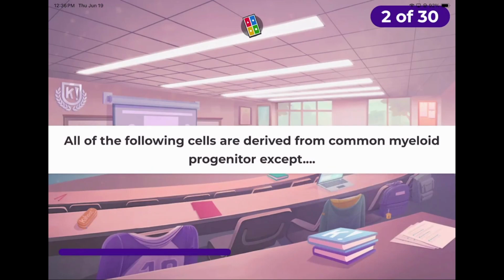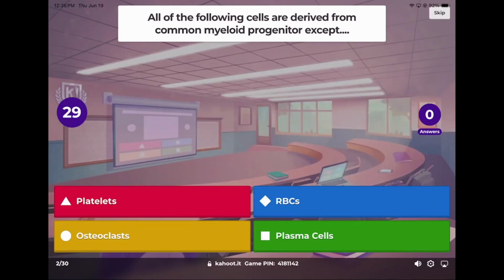Okay, all the following cells are derived from that common myeloid line, except which one is not on the myeloid line? It's on the lymphoid line.